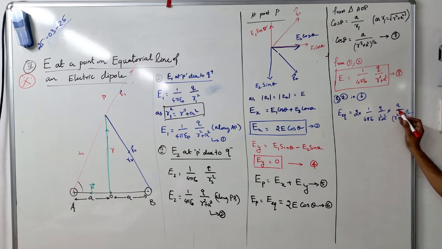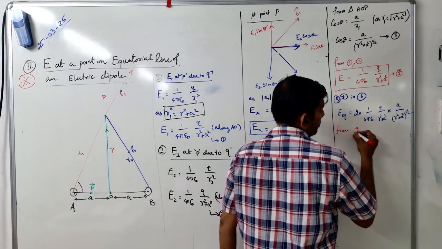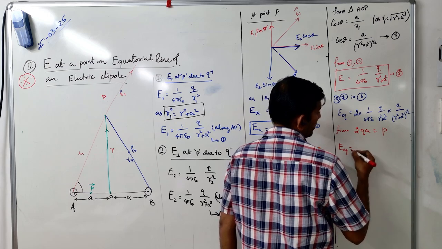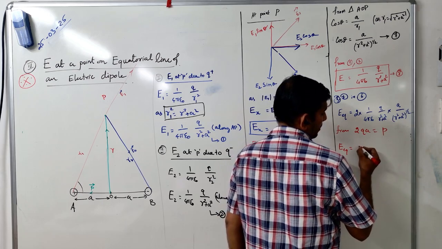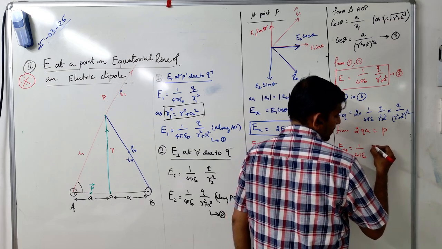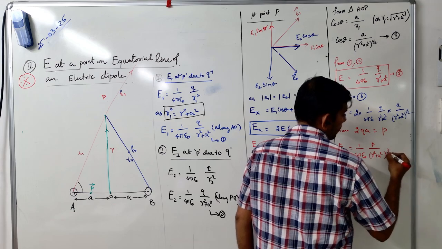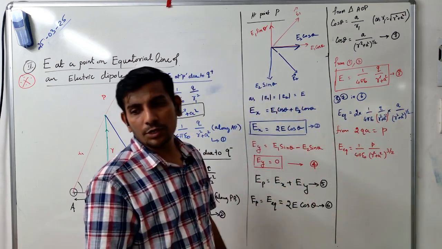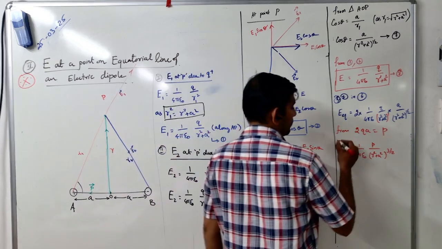Dipole moment P. So E on the equatorial line should be equal to 1 by 4 pi epsilon naught P divided by (R squared plus A squared) whole power 3 by 2, because here whole power 1 and here whole power 1 by 2. 1 plus 1 by 2 is equal to 3 by 2. So this is the final answer which we want.